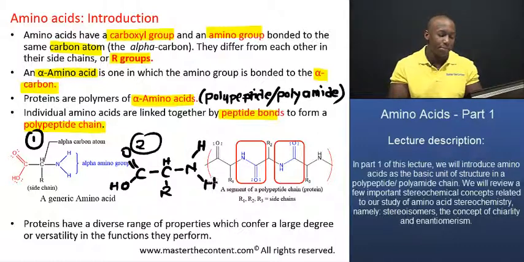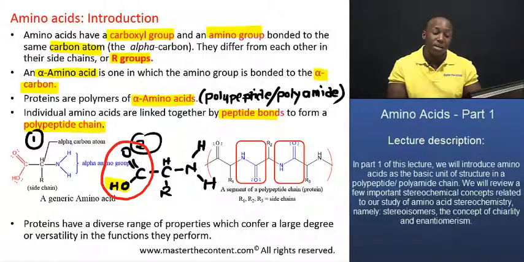So what basically happens in peptide bond formation is you will have what we call the C terminus or the carboxyl terminus, which is this end of the molecule. That's the C terminus, the carboxyl terminus. You'll have the carboxyl terminus actually losing that hydroxyl group, and you will have the N terminus, or the amino terminus of the other amino acid right there, losing a proton to form a new link, which results in the elimination of a water molecule.